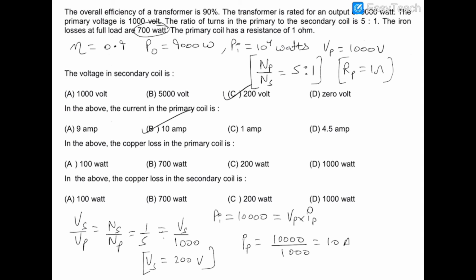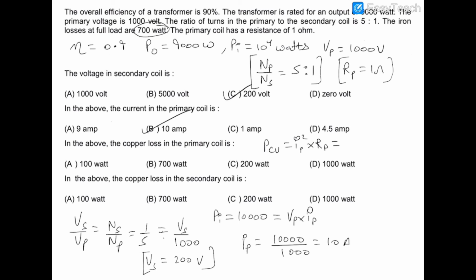The copper losses, which is also the power loss due to the copper windings in the primary coil, is equal to input current I square into R. You should also remember a very important thing, that power generated is calculated by V into I, while this power loss is calculated by I square R.